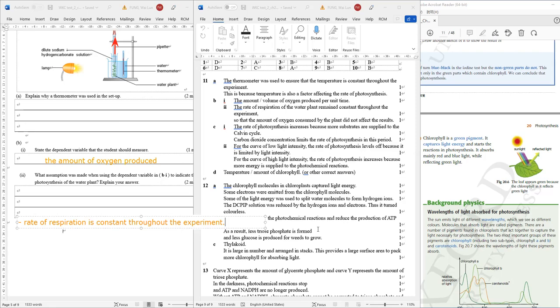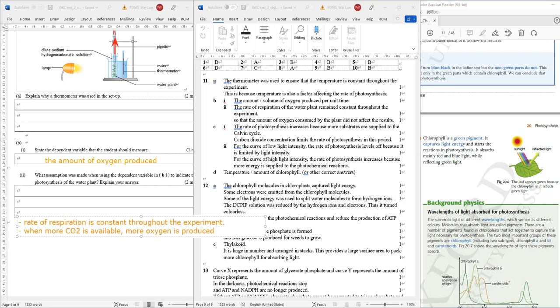The rate of respiration is constant throughout the experiment, so that when more CO2 is available, more oxygen is produced.